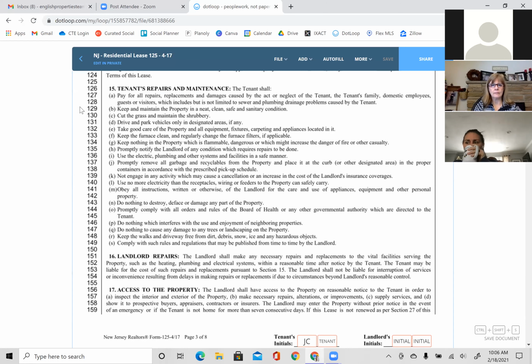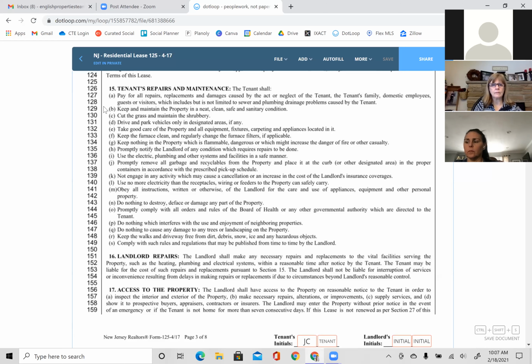It does say that sewer and plumbing problems are included if they're caused by the tenant. So if, say, the sewer backs up, that wouldn't necessarily be the tenant's fault. But if they were doing something to cause that, then that would be their fault.